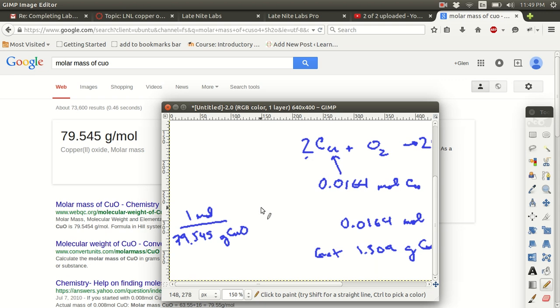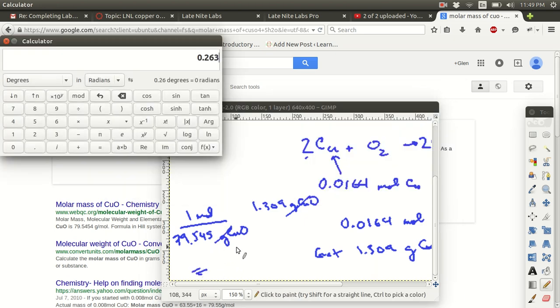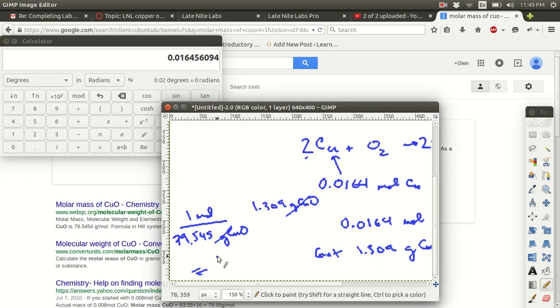And we want moles, and so how many grams was it? 1.309 grams of CuO. Right? And that is going to equal 1.309 divided by 79.545, which is 0.0165. So that's 0.0165 moles of copper oxide. Okay, that's it.